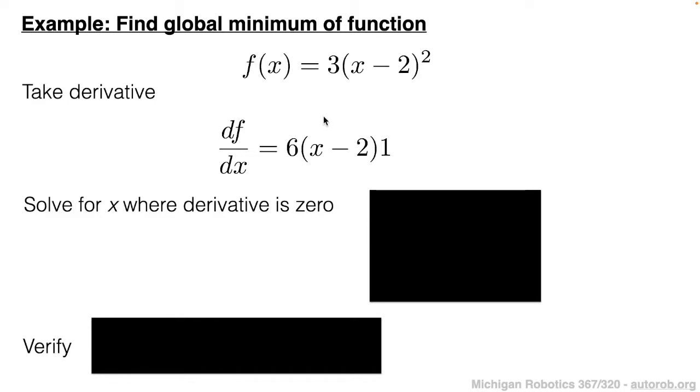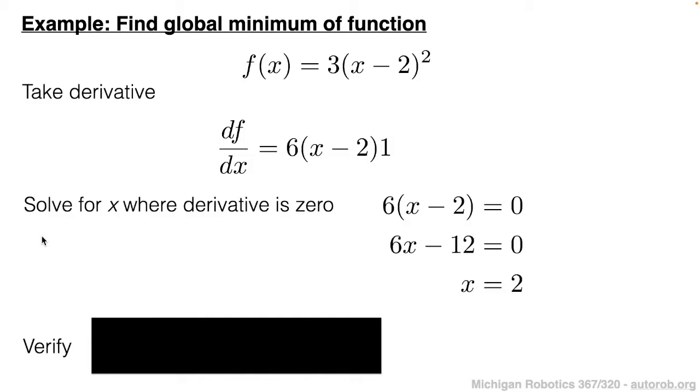So that's applying the chain rule. If we set the derivative equal to 0 and solve for x, we'll find that when x is equal to 2, the derivative of the function is equal to 0.